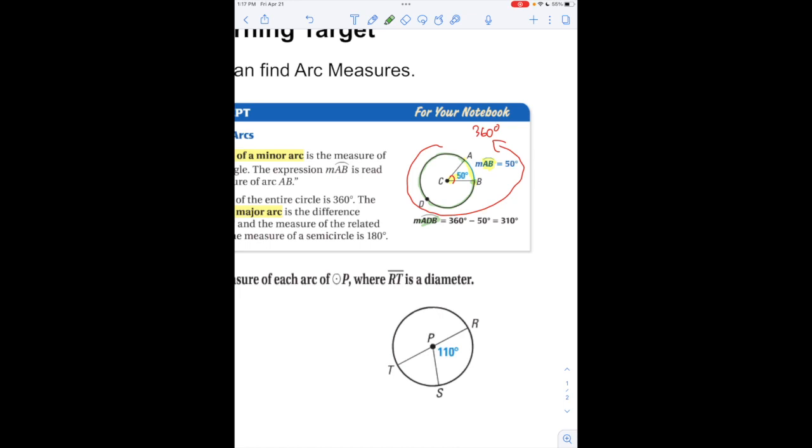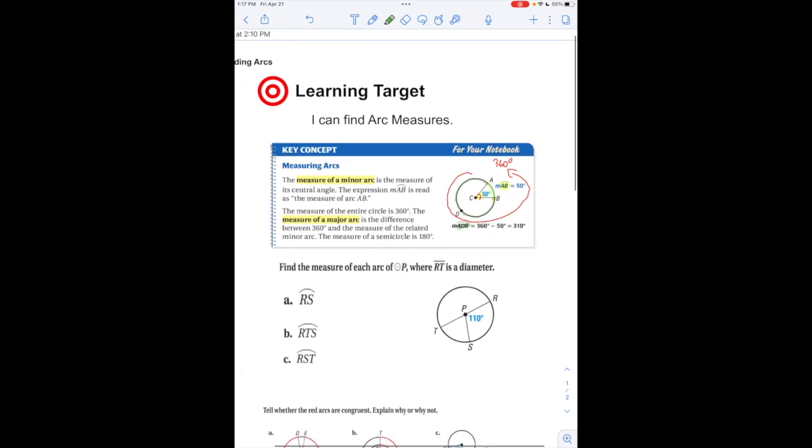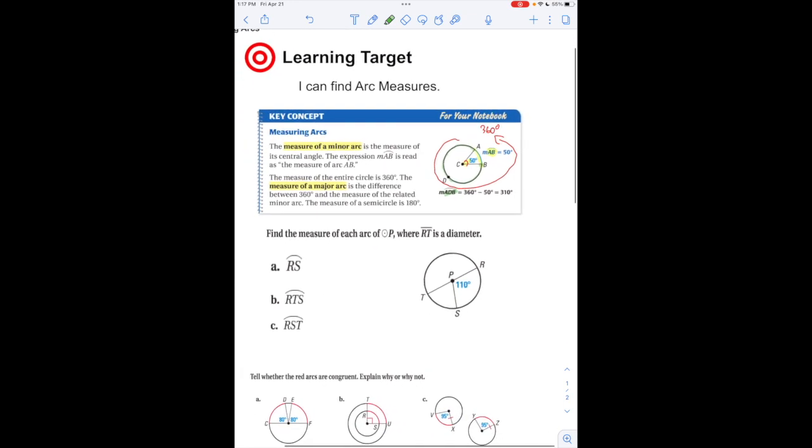So I take my total, I subtract what I knew, and whatever was left over was my major arc.